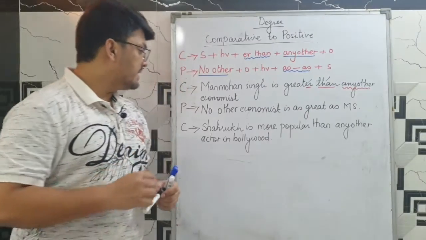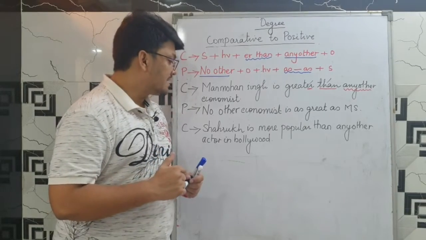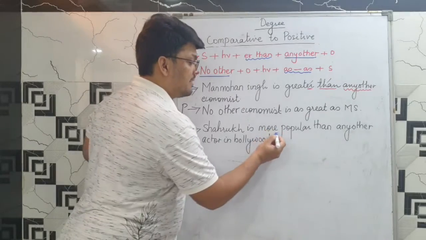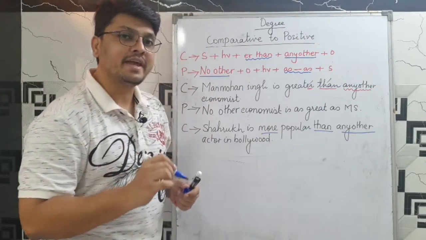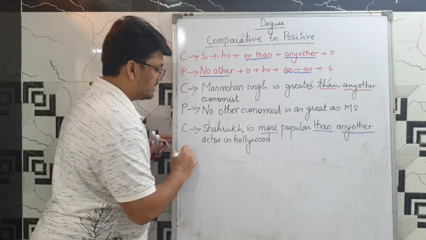Now let's take another example. Shah Rukh is more popular than any other actor in Bollywood. Students, the rule: you have to see more than, comparative degree, any other. When you see any other in comparative degree, begin positive degree with no other.